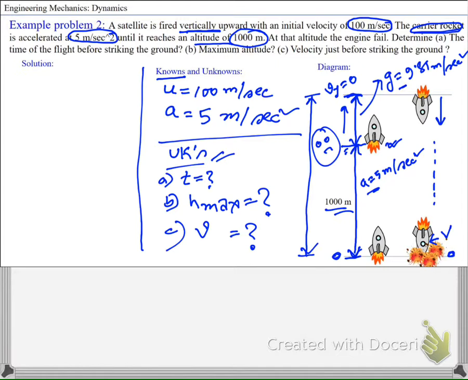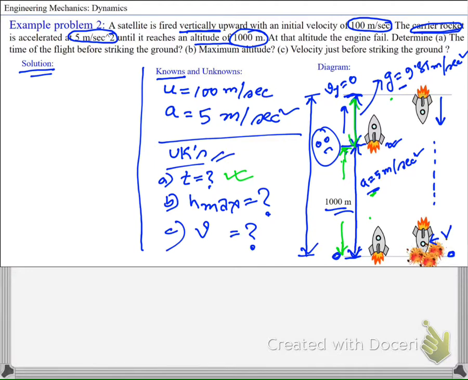So let's try to solve the problem. When we want to find the solution, what we would like to solve first is the time for A. So the time required for the rocket to travel from 0 point to height 1000 meter, because the time it needs to be at 1000 meter is not the same, because the acceleration is changed from here to this position.